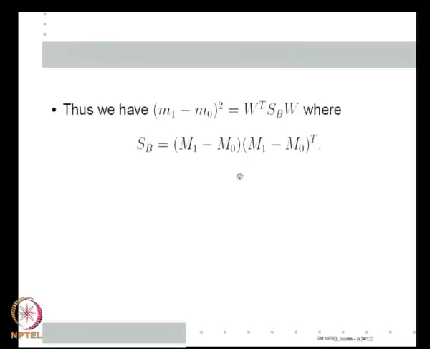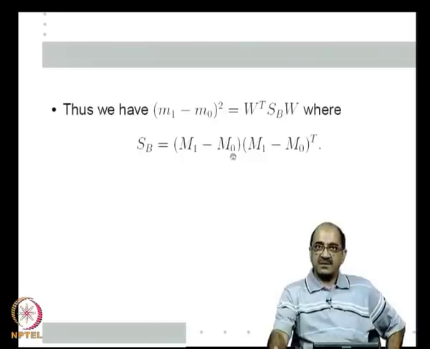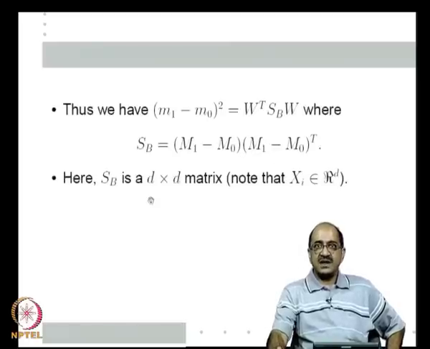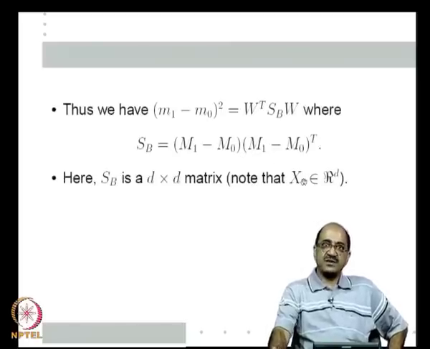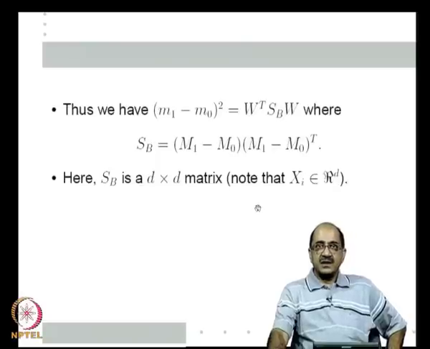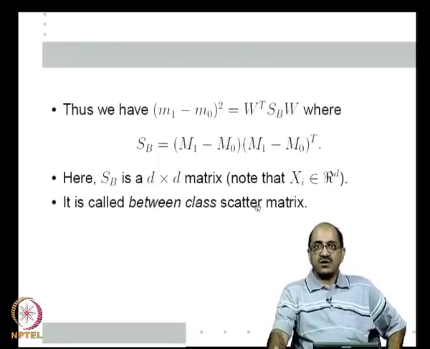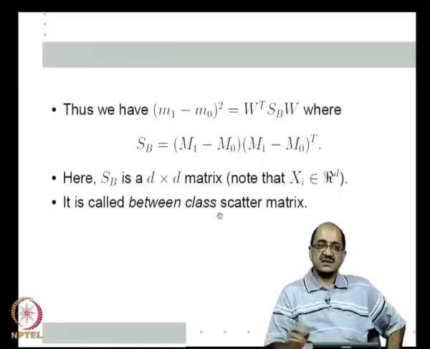Also, I hope all of you remember that the outer product is a rank 1 matrix, because all columns are multiples of other columns. Such a matrix SB, a D by D matrix because our feature vectors are in R^D, is often called the between class scatter matrix.